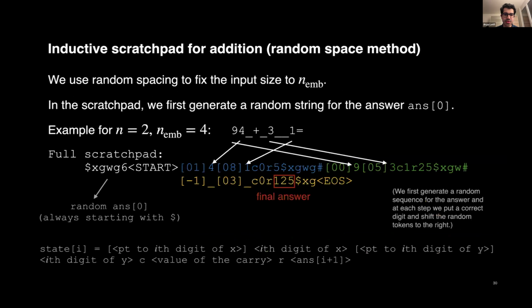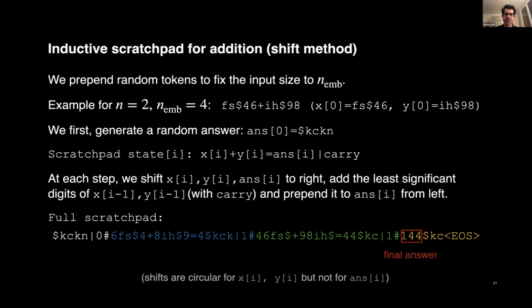We also introduce one other format for the addition task, which is a bit heavier on the input representation. You can see how it looks at the bottom of the slide.